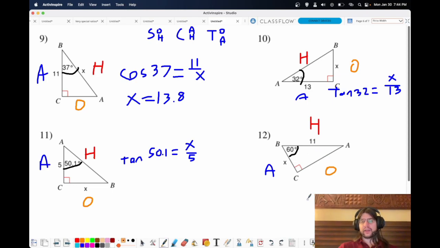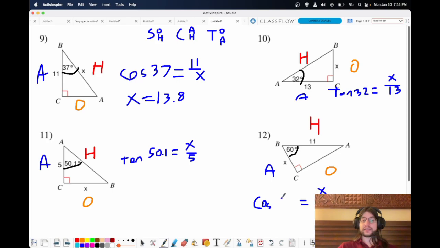So let's set it up. We know the hypotenuse. We're looking for the adjacent. Sorry. So cosine, adjacent hypotenuse, of x over 11. I forgot the 60. Sorry, guys. Let me just squeeze that in there.